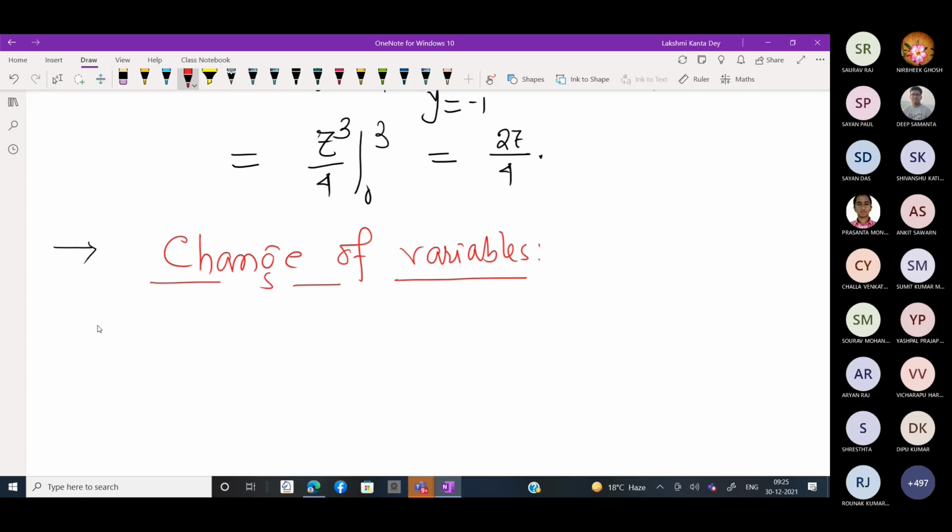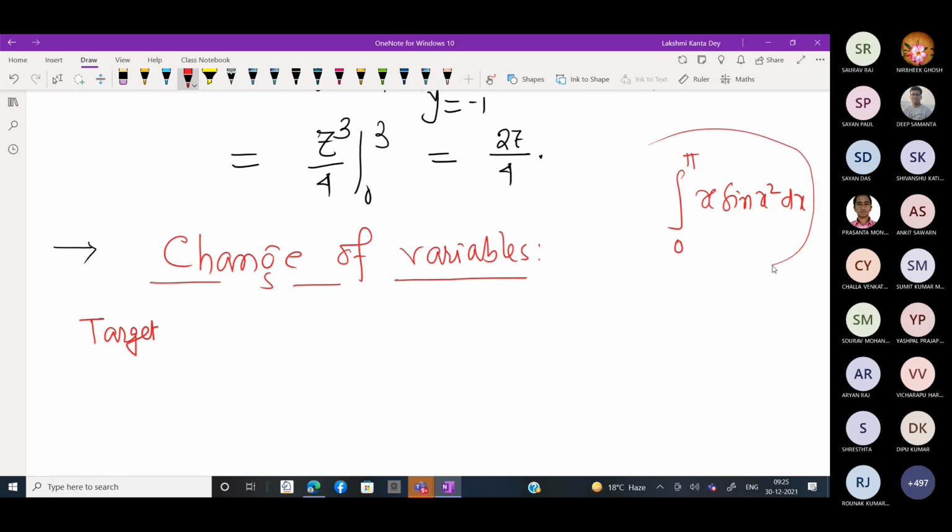Before coming to the general case of change of variables, for example, take the integral of x sine x square dx from 0 to, say, pi. This is a single integration.